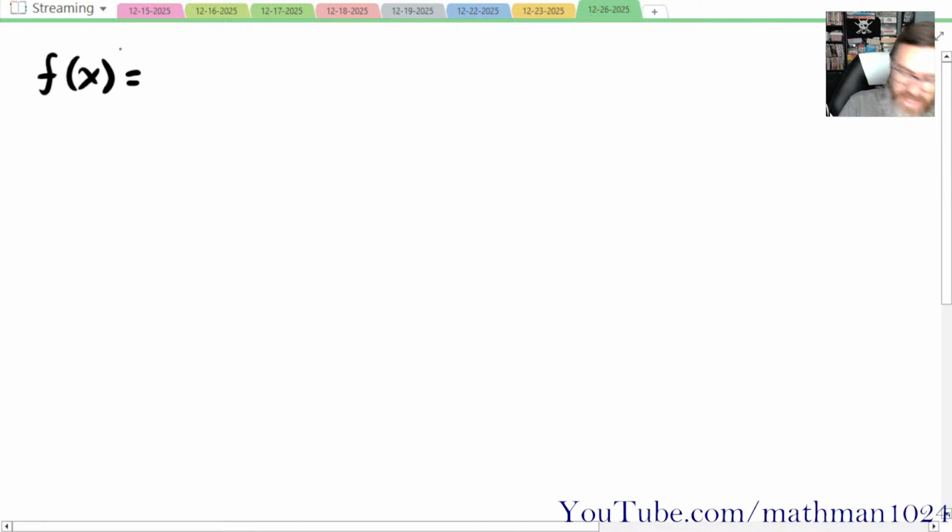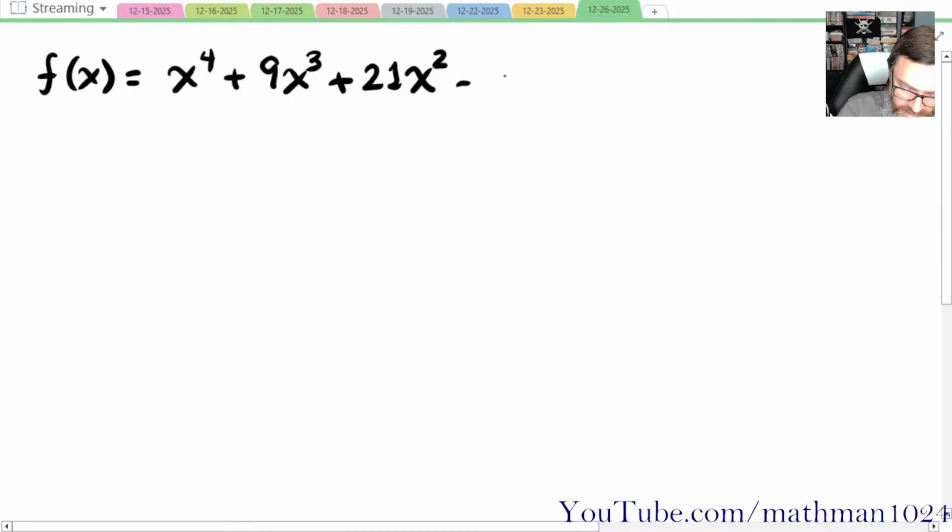So f of x is equal to x to the fourth plus 9x to the third plus 21x squared minus 21x minus 130.